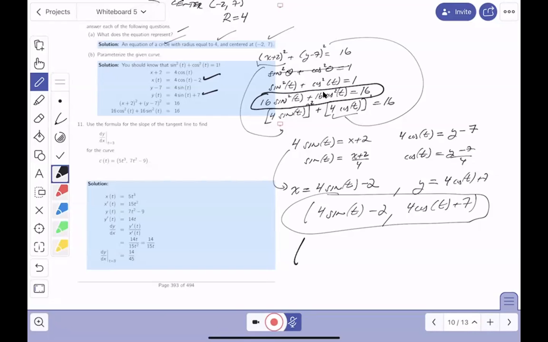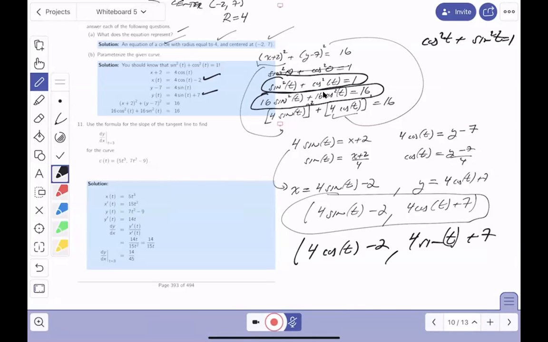For example, this could also be 4 cosine t minus 2, and this could be actually 4 sine t plus 7. And what am I saying over there? The order in which this is written doesn't matter. For example, you could write it as cosine squared t plus sine squared t. It's really the same thing. And you could just repeat that problem doing that. That's clearly what I did over there.